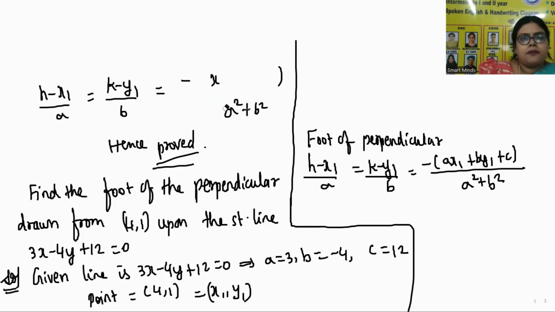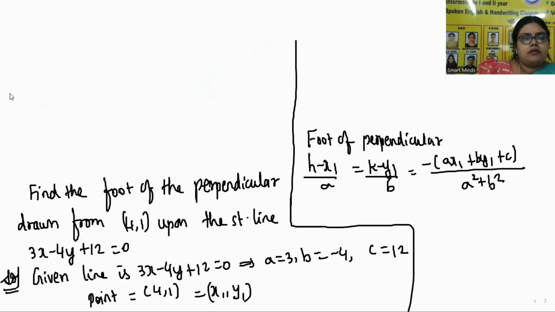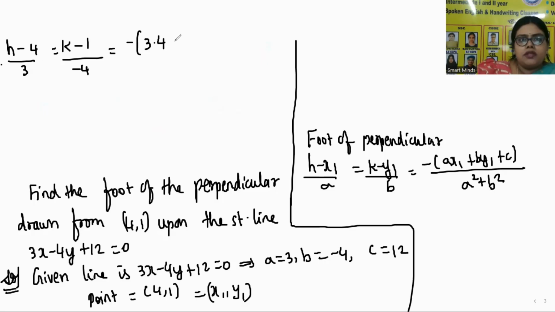Now I will erase this part. Now just you see how I am substituting. So h minus x1 is h minus 4 by 3 is equal to k minus y1 is k minus 1 by b is minus 4 is equal to minus into ax1, a is 3, x1 is 4 plus b is minus 4, y1 is 1 plus c by a square plus b square, 9 plus 16.